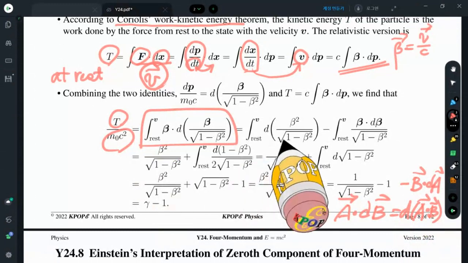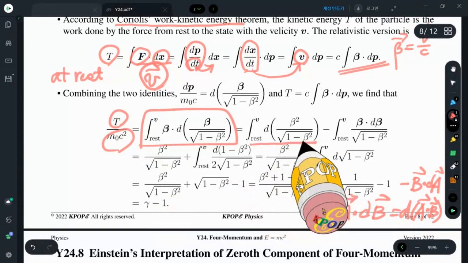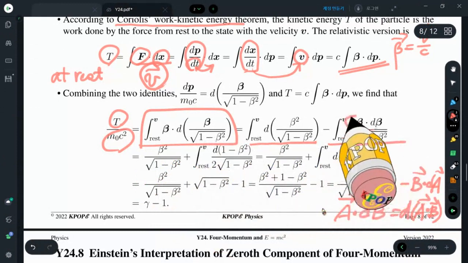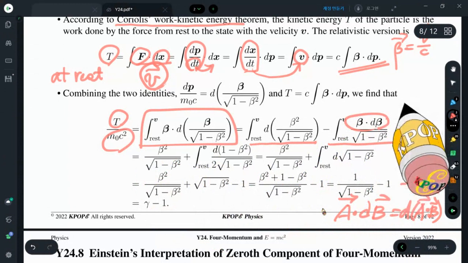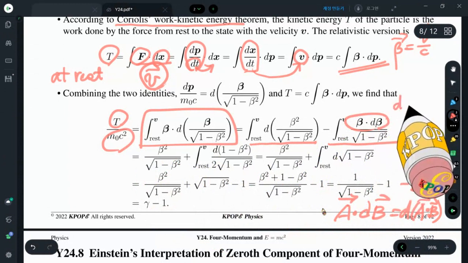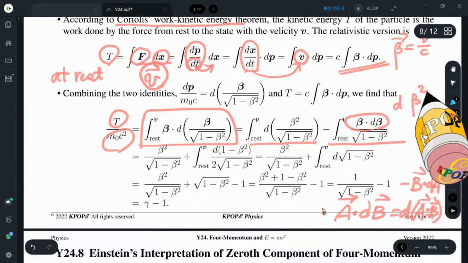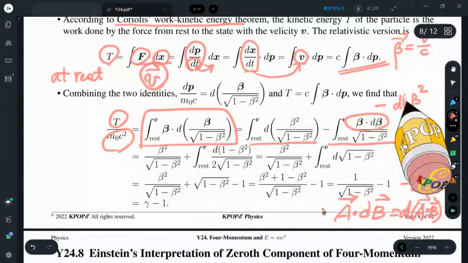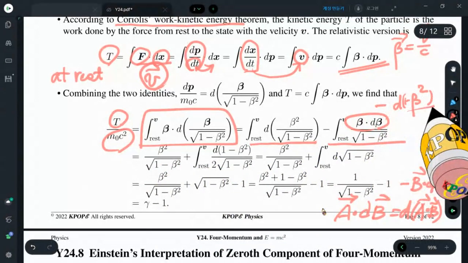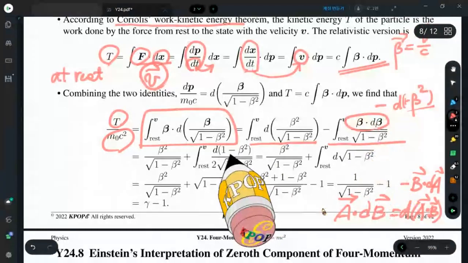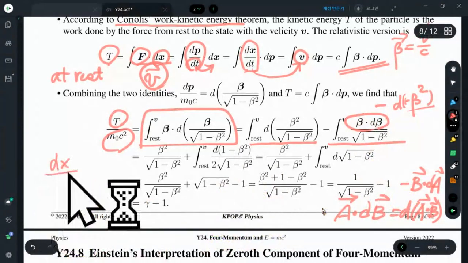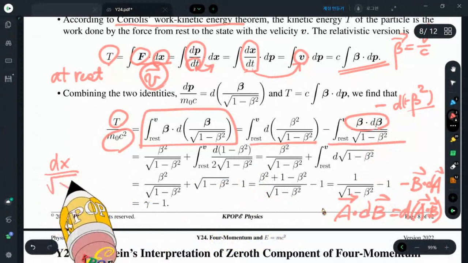So integration by parts can be applied here to get this expression. Now we know this is the differential of beta squared, and that is minus the total differential of 1 minus beta squared. This is a dx, something like 1 over x.